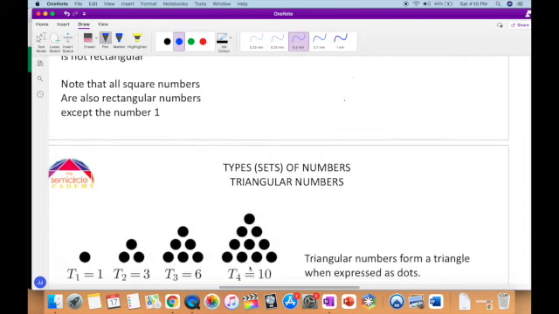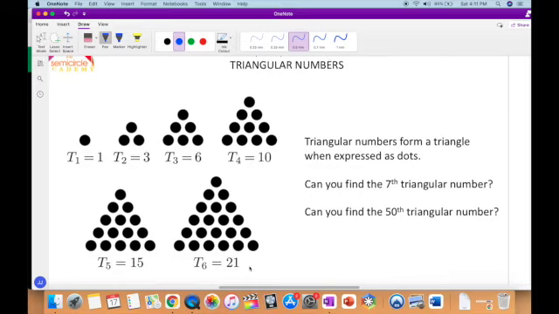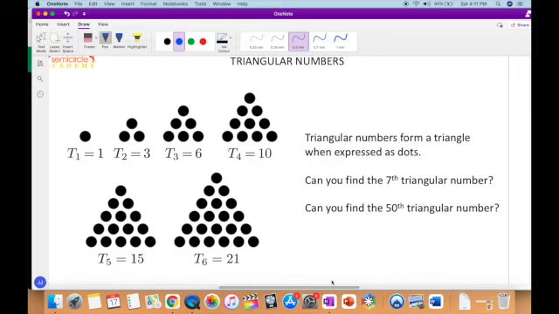Nice. So we have square numbers, rectangular numbers, and finally triangular numbers. And you guessed it, triangular numbers form a triangle when expressed as dots. We have the first 6 triangular numbers. 1 is a triangular number, yes, right? Because we need 1 to form the next triangular number, the second triangular number, which is 3, right?